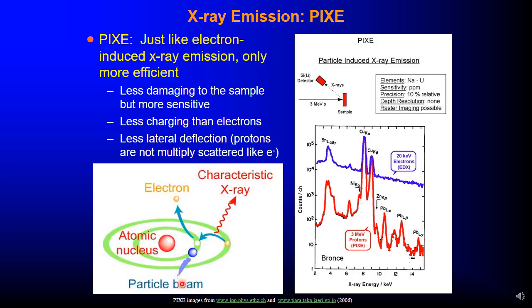So you can see you have an electron particle beam, then you can see characteristic X-ray when this one is knocked out, and then one electron comes and fills the lower energy hole, then an X-ray is emitted.